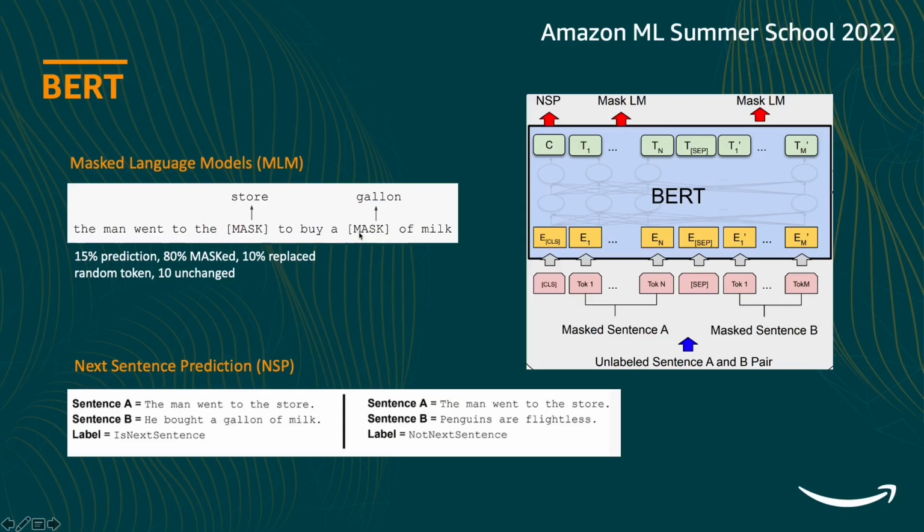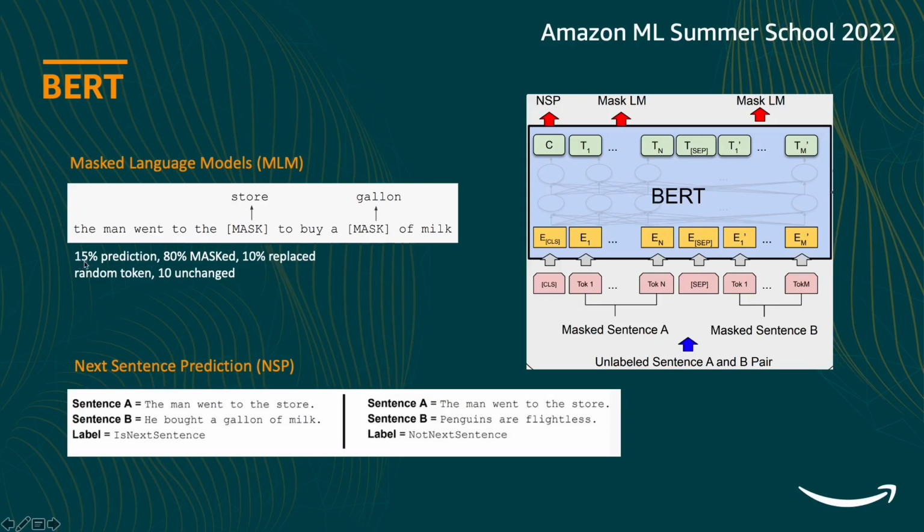Now, one thing to note here is that this mask is only present during pre-training, and it won't be present while we fine-tune it for some other downstream tasks. So we don't want to make our model biased towards making predictions only for the masked token. So what we do is that we first select the percentage of the tokens that we want to make predictions on.